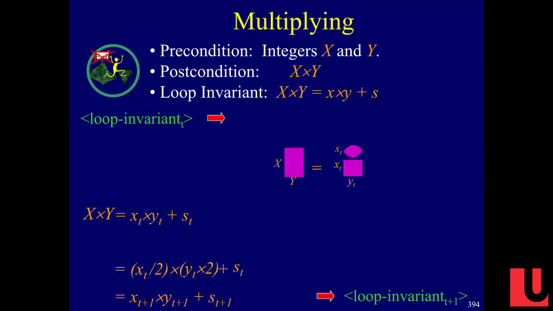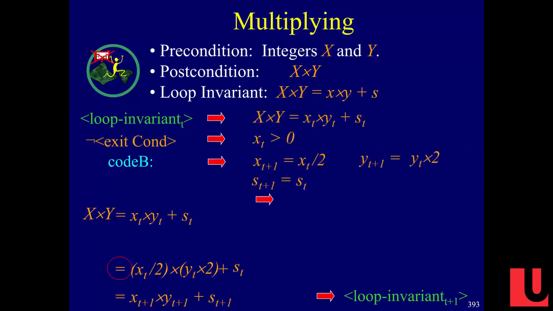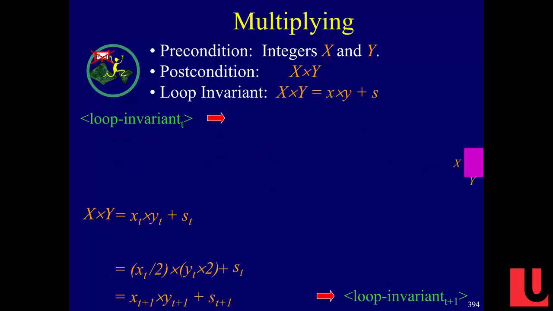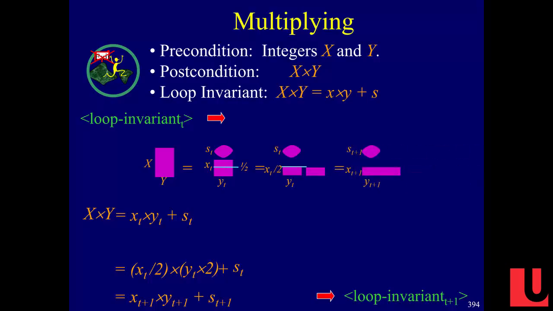So, there, we have our proof. Let's do the same, proof by pictures. We have this. We cut the x in half. We rearrange. We put them back together. Everybody see that? Well, before we subtracted 1 from here, and then to bring it back up again, we added y to s.